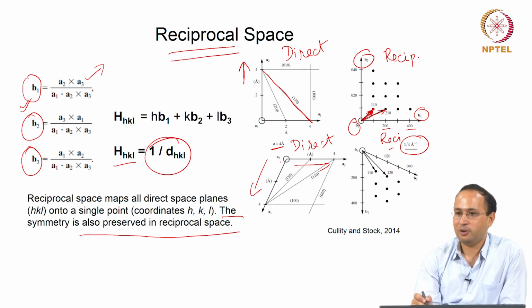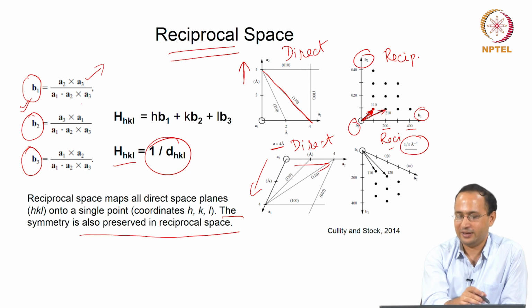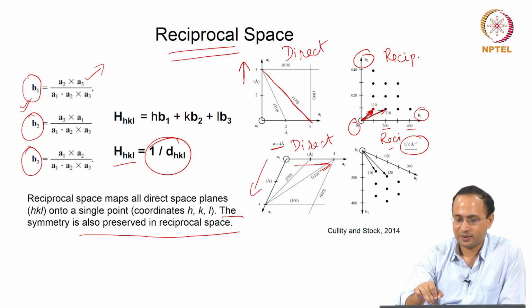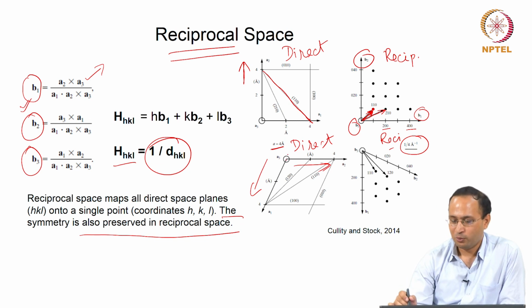B1 will be A2 cross A3. So B1 will be perpendicular to both A2 and A3. The only way to get it is this way, because it has to be perpendicular to A2 and also to A3. So the B1 direction is this.